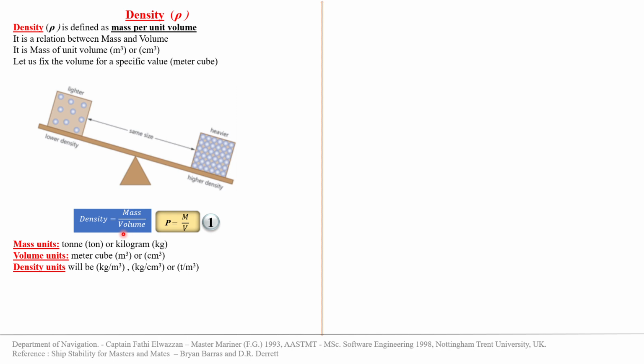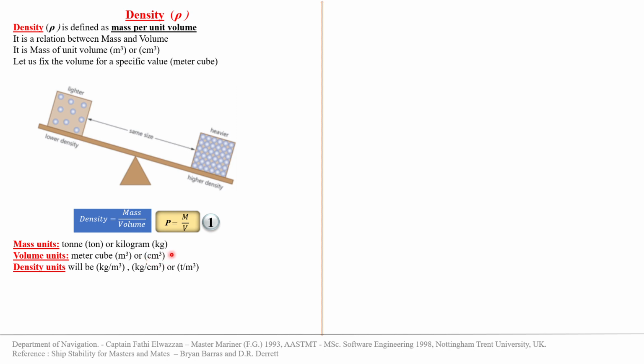What about units? I will use tons or kilograms for mass units. Volume units will be either meter cube or centimeter cube. But don't use both of them in one example or one problem. You cannot compare centimeter cube and meter cube, a little bit complicated because 1 meter cube contains 1 million centimeter cube.